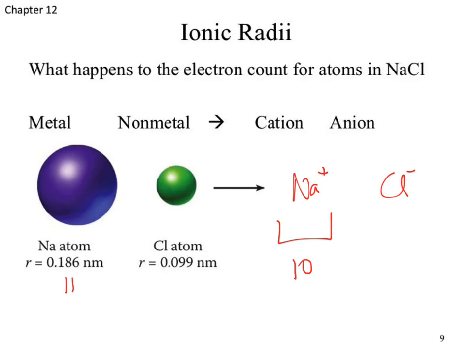When we moved left to right, we didn't, because we made the nucleus stronger. And that's why it got smaller, right? So what's happening? I got rid of an electron, but what did I do to the nucleus? Nothing. So the nucleus is holding with the exact same force, but now it's holding less stuff. What does that do to the radius? Reduces it. It shrinks it. The radius of the sodium atom becomes ever so slightly smaller, or sodium ion.